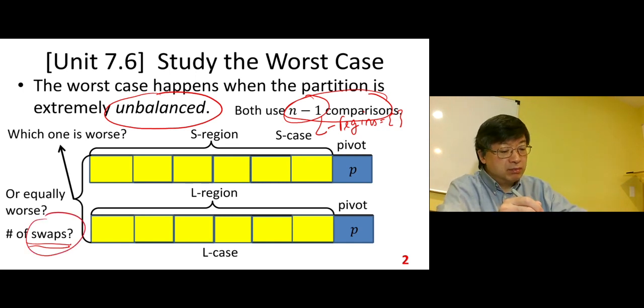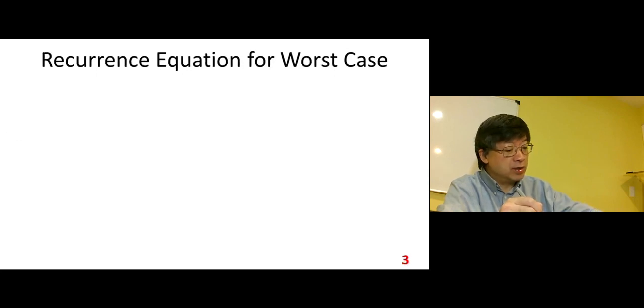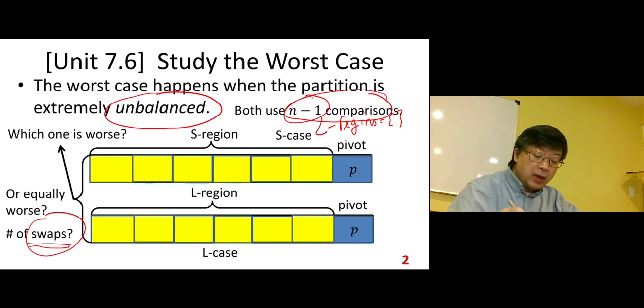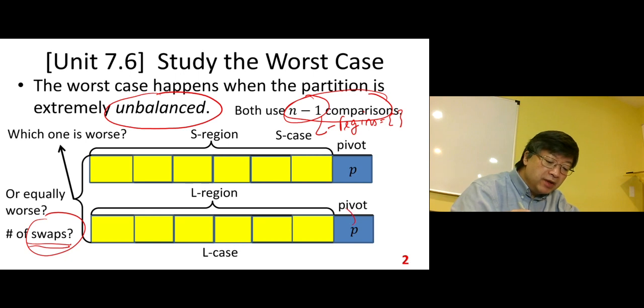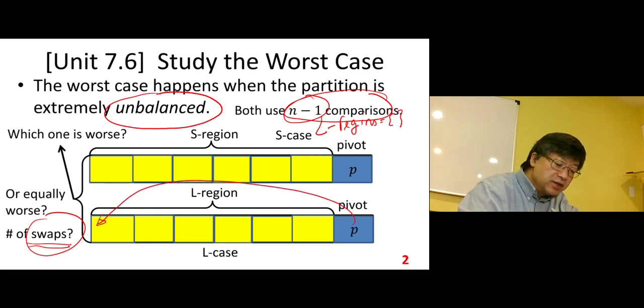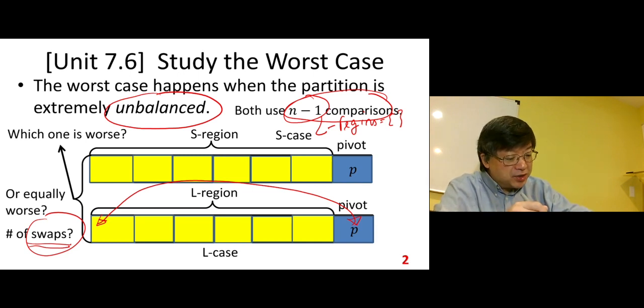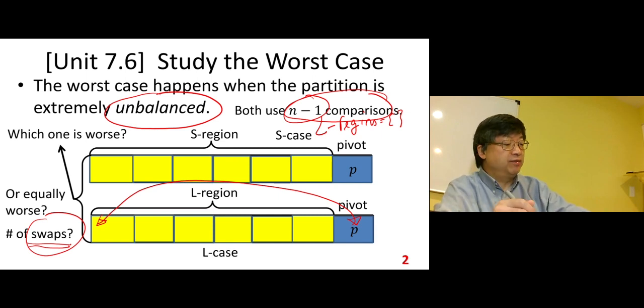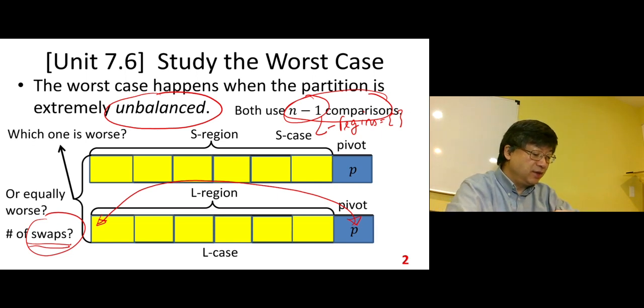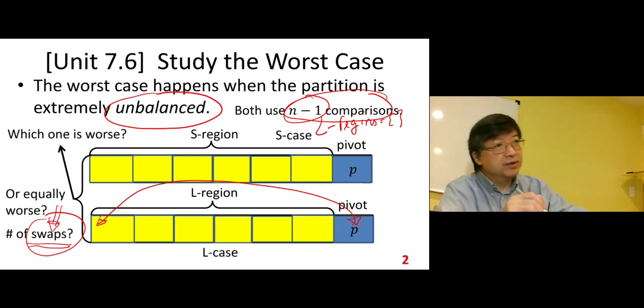For the first one, there is no swap. But for the second one, we need to put the pivot in place. So that's why we need one swap to do that. That means the second one is slightly slower than the first one, due to this special operation.